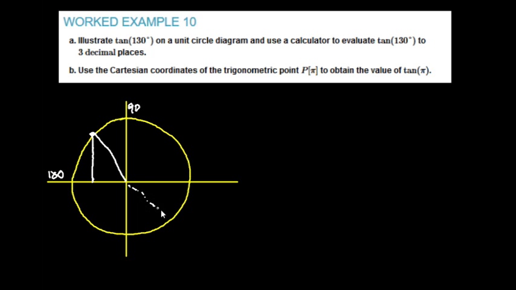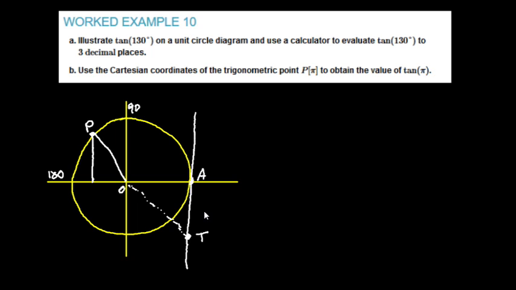And if we extend this line up until the tangent at that spot, we can say this point here is T. So T is going to be the extended radius. Point P to O intersects the tangent drawn at A. So the intercept AT is tan of 130.